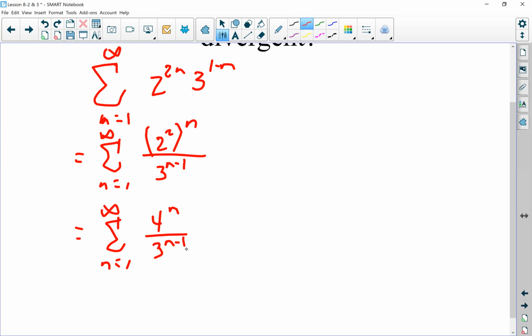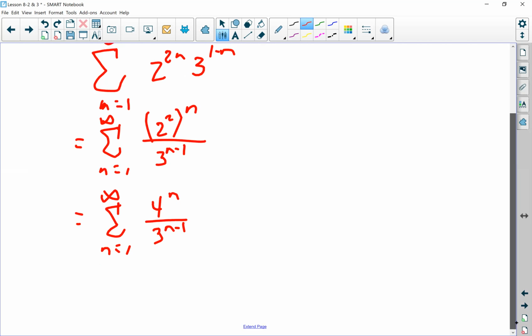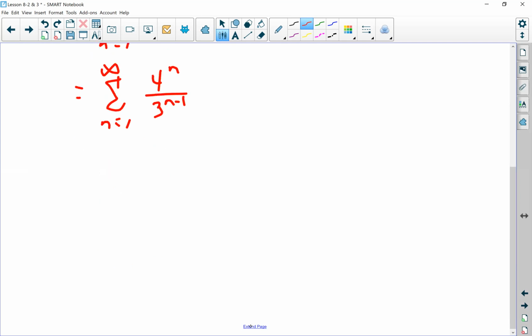In order to get this so that it's to the same power, I'm going to rewrite my numerator. Four to the power of n is equivalent to 4 times 4 to the n minus 1.